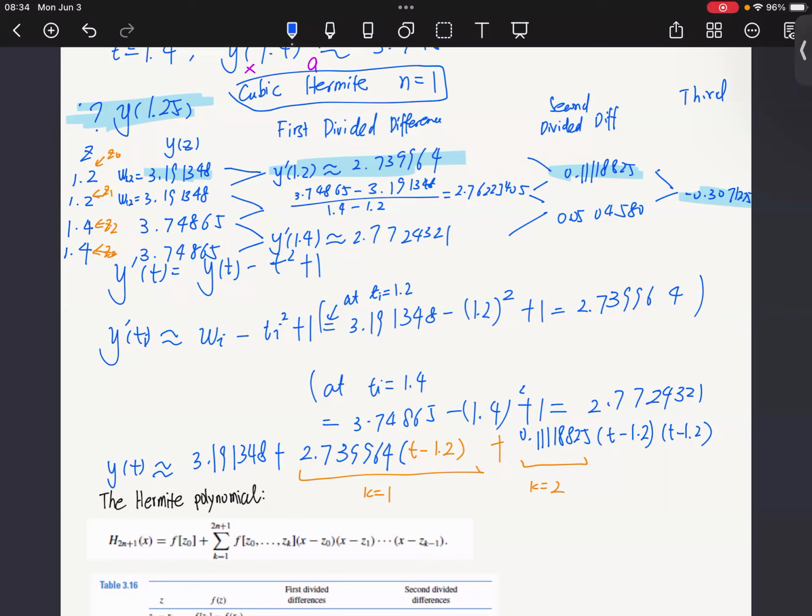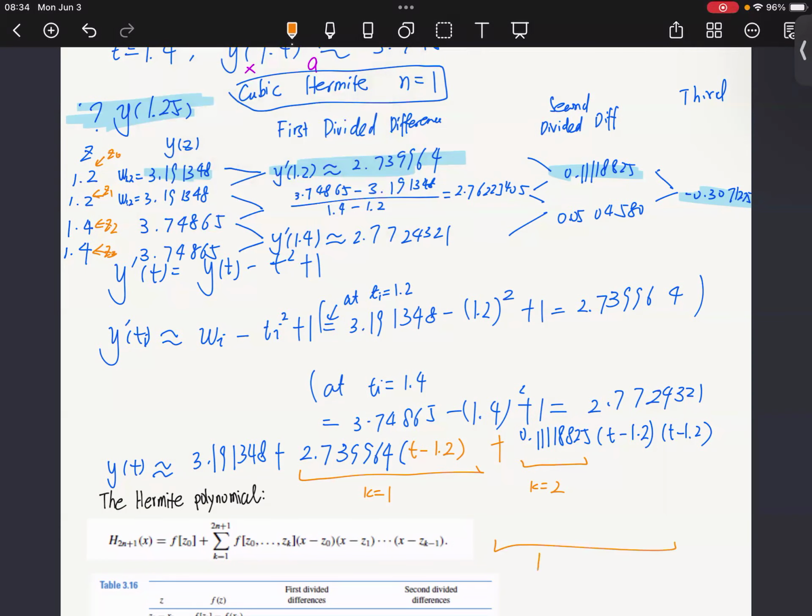So that is the cubic Hermite polynomial. But we just persisted to k equals 2, and we need to persist up to the 3. So there's one more item here, that is k equals 3.